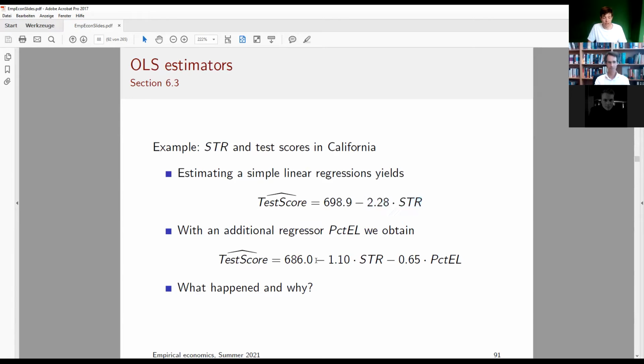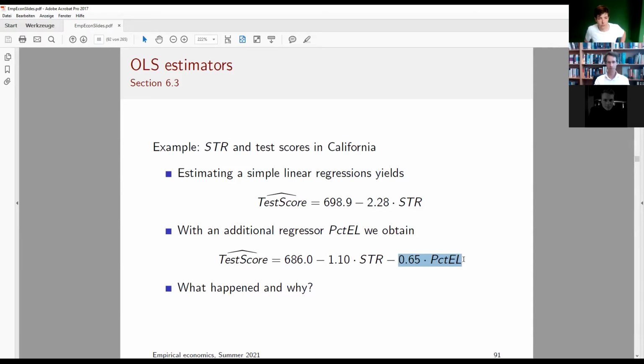Let's have a look at the intercept. That's 686 now instead of roughly 700. We don't want to interpret that much because it would mean we would need to set str equal to 0. That doesn't make any sense. So let's not dive too deep into the intercept here. We have a coefficient of -0.64 for the percentage of English learners.